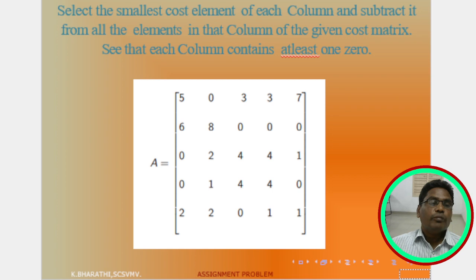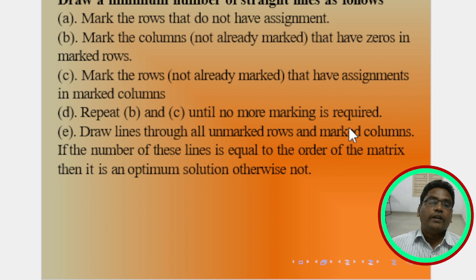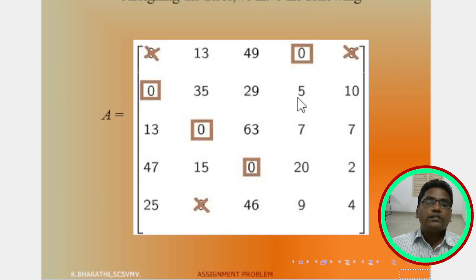So we make the assignments row-wise and column-wise by the Hungarian method. Now make the assignments in the payoff matrix, starting with a row or column having only a single zero.